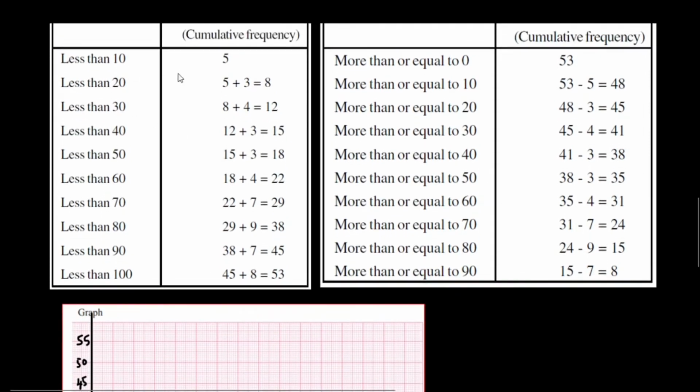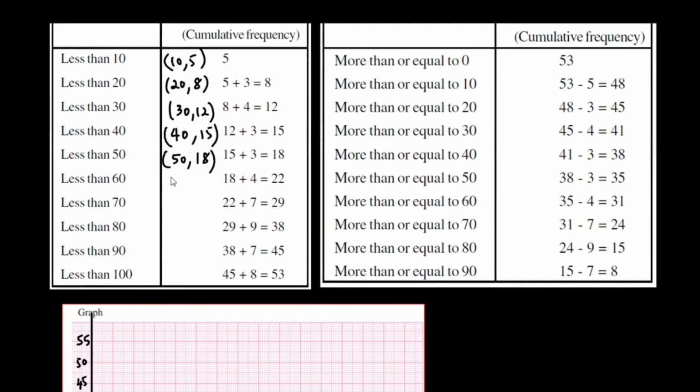Here we have points as 10, 5; 20, 8; 30, 12; 40, 15; 50, 18; 60, 22; 70, 29; 80, 38; 90, 45; 100, 53.